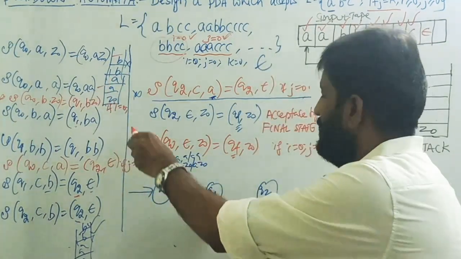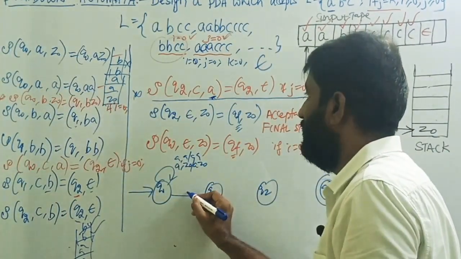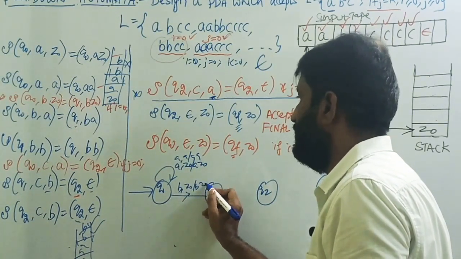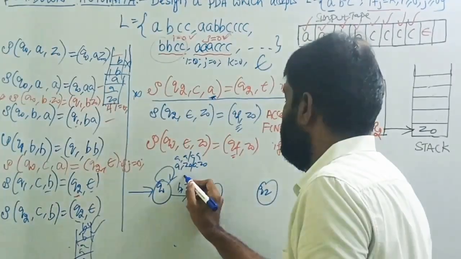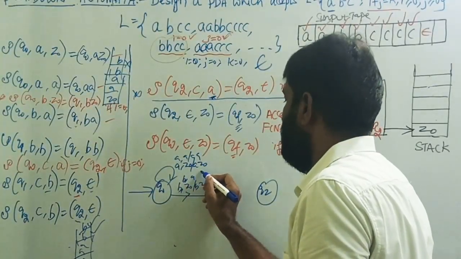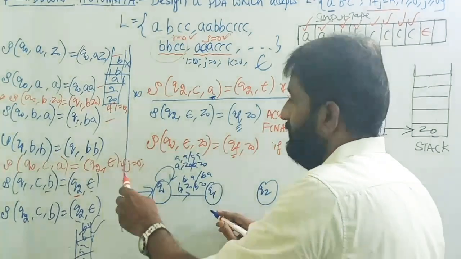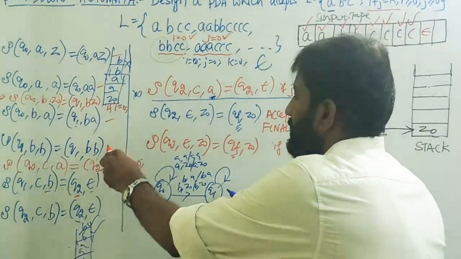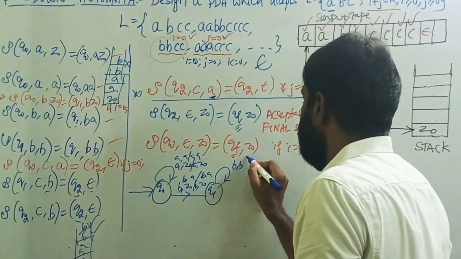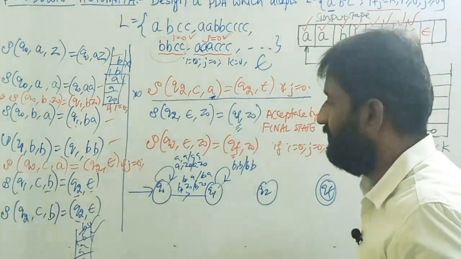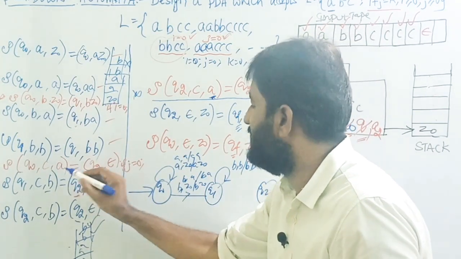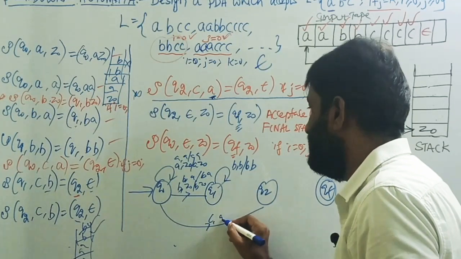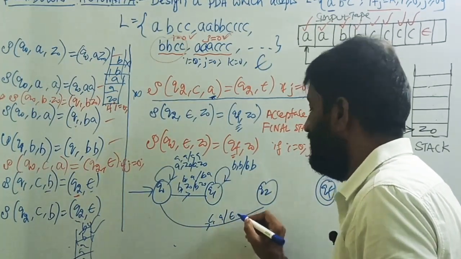Then third one, Q0 with B, Z0 it is BZ0. Then with B comma A it is BA. Then one more self state, with B comma B it is BB. Then Q0, input symbol C, top of the stack A, it is epsilon.